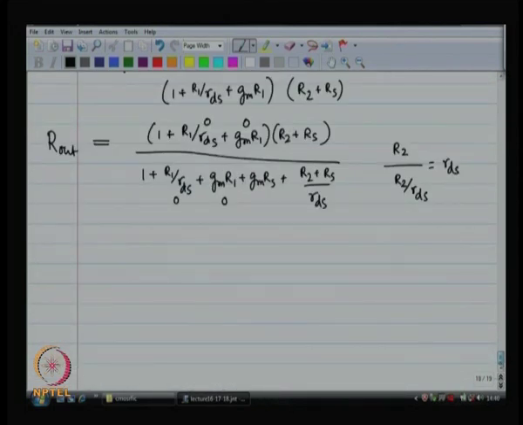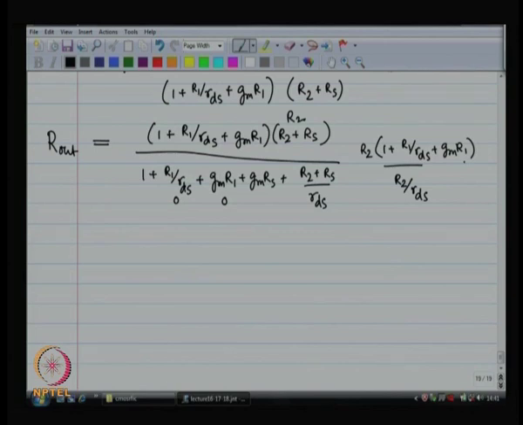Let us check. R2 is infinitely large, so R2 plus RS is approximately R2. Again R2 is infinitely large, so the entire denominator is basically going to be R2 by RDS. My denominator is R2 by RDS, numerator is R2 times 1 plus R1 by RDS plus GM R1.